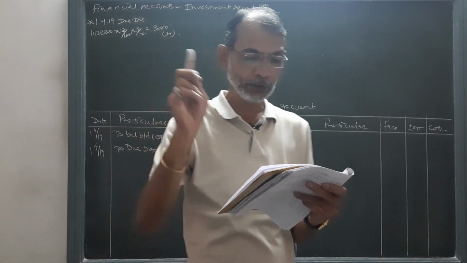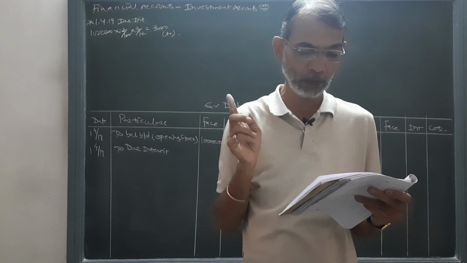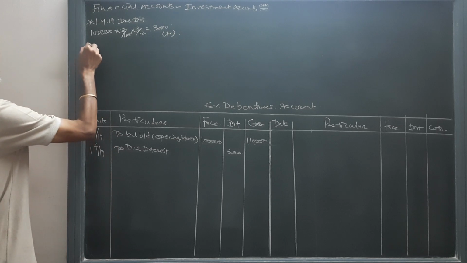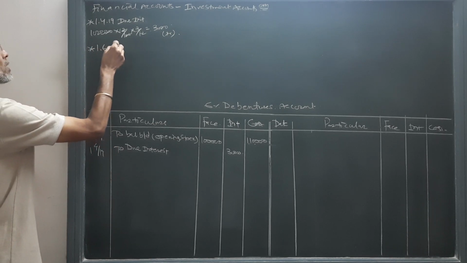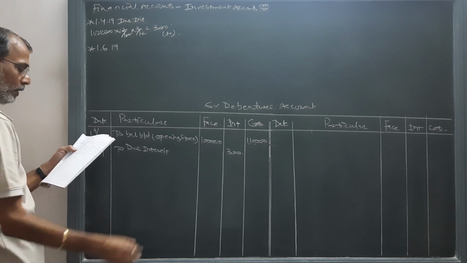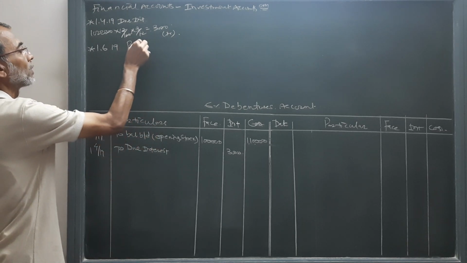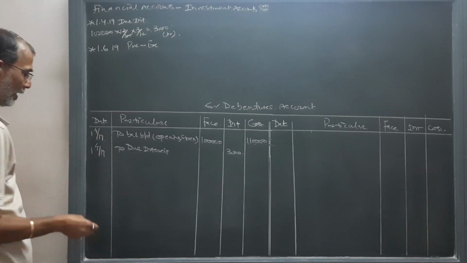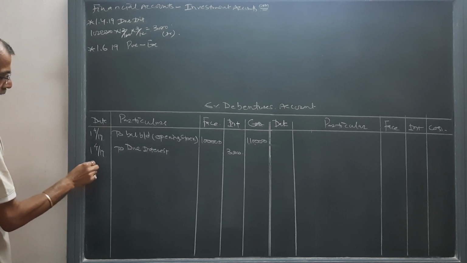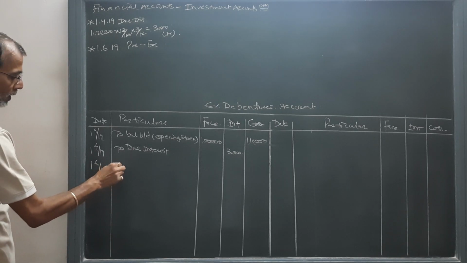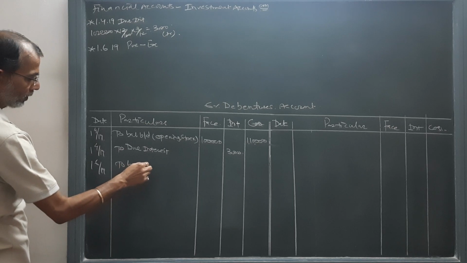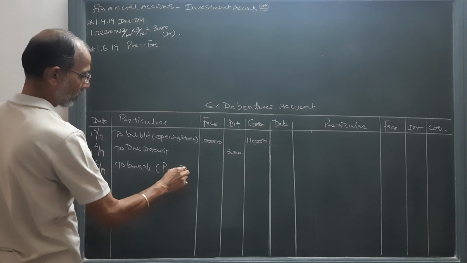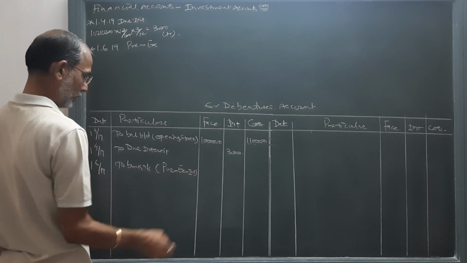Then after, on 1st June, debentures of 2 lakh are purchased ex interest at 99% on 1/6/19. Now as we know face value is 2 lakh, so on 1/6/19 to bank account, that is purchase ex interest.